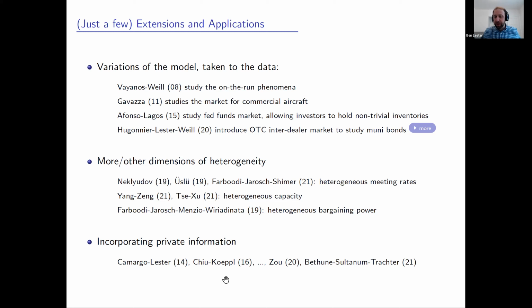A beautiful example of this is by two of the organizers of this, Zach and Bruno, with Nicolas Trachter. My own student Junwan Zhu has a very nice working paper on this, and so on and so forth.